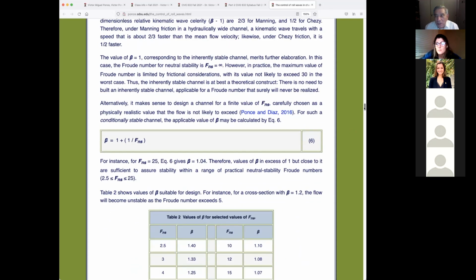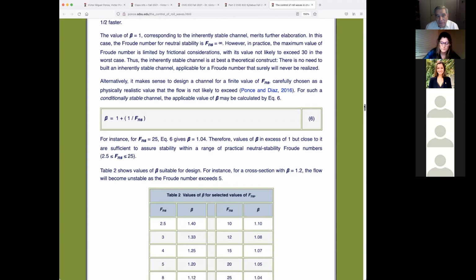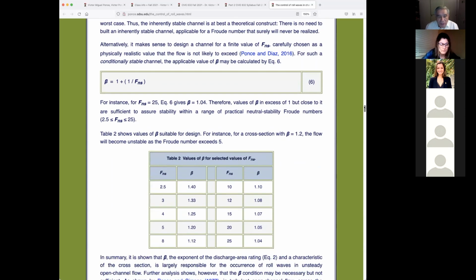However, with Marcela Diaz 5 years ago, we developed the concept of the stable channel, which was not inherently stable, just a stable channel, by virtue of doing a numerical calculation where we can design a channel that looks like it opens up, but it does not open up a whole lot, therefore not occupying a whole lot of real estate. And that's a better solution. Okay, so we have these equations over here.